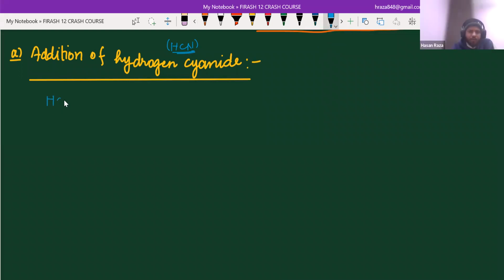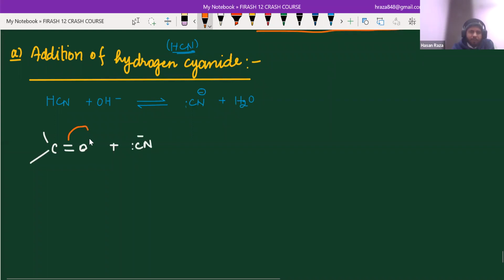So see what will happen first. You need to make it a strong nucleophile. In order to do this, I'm going to catalyze it with the base, and it will form CN minus, which is a strong nucleophile, and H2 will be eliminated. Now we are going to use this. If you react this with a carbonyl compound, you already know what will happen.